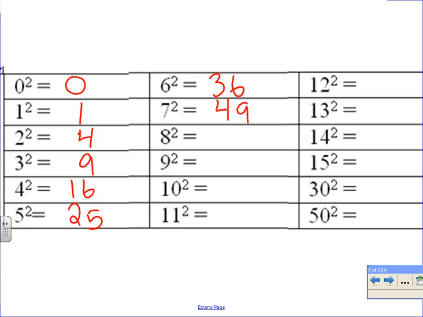Grace, 8 squared. Good. 9 squared. Drew. 81. 10 squared. Jackie. Good. 11 squared. Michelle. Good. 121. Peyton, 12 squared. Good. Nathan M, 13 squared.